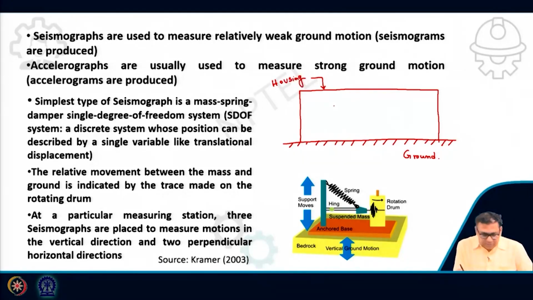As I mentioned, this is basically a spring mass dashpot system. This mass can move, but only in one direction, the horizontal direction. Then there is a spring and a damper or dashpot, with spring constant K and damping C.